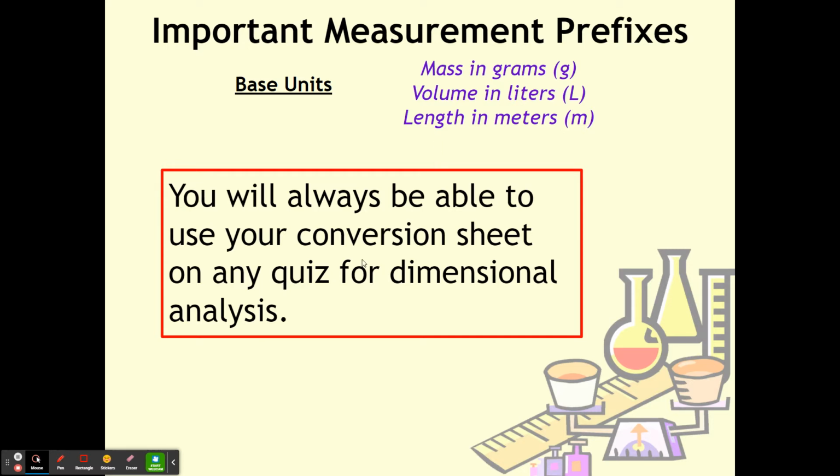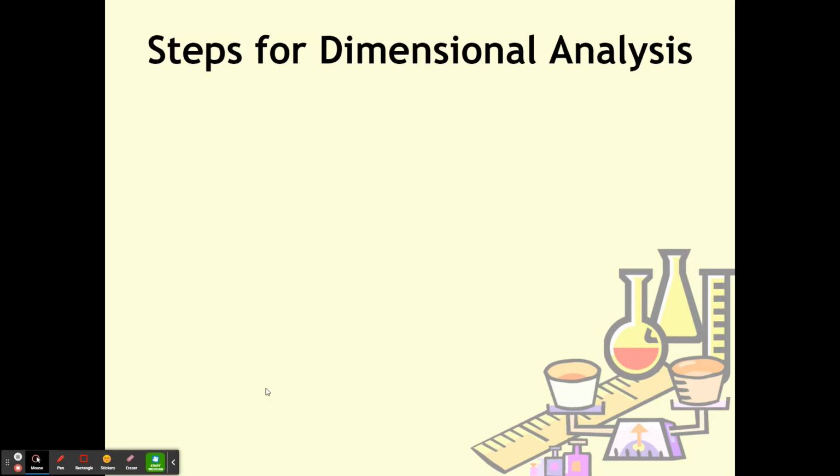If you are remote and you need a copy, please email me or hang me out and I will be able to get you one. So our base units, we have mass, grams, liters, and meters. Those are important for metric measurement.